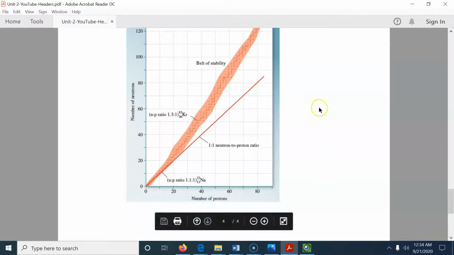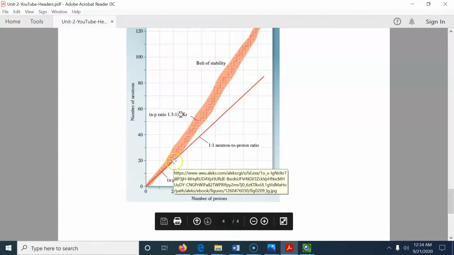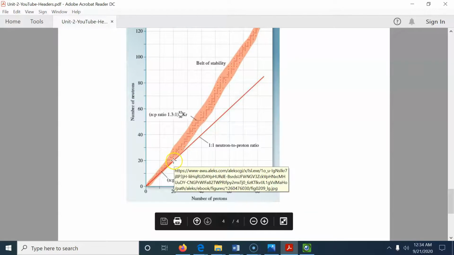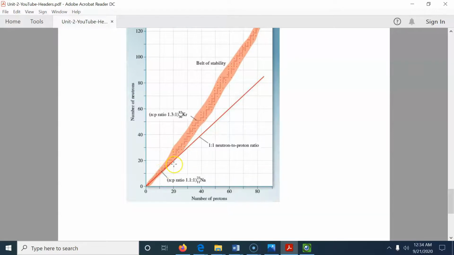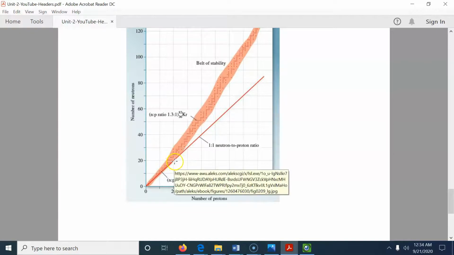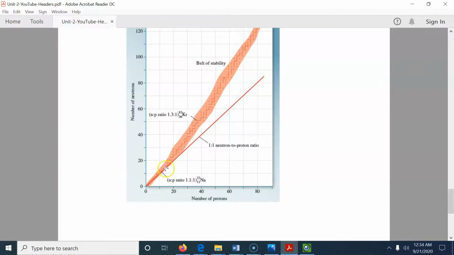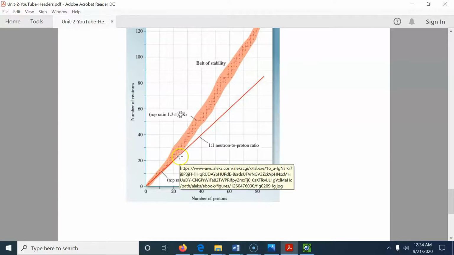So here is 20 protons, and a lot of the shaded region represents isotopes that are stable, and that shaded region is right on top of the 1-to-1 ratio line.